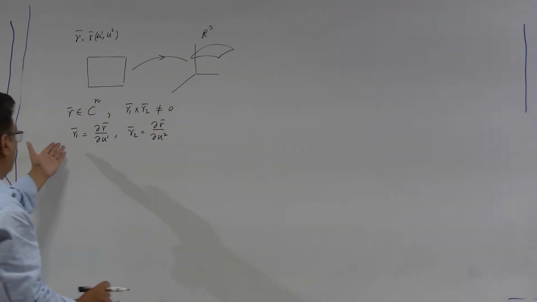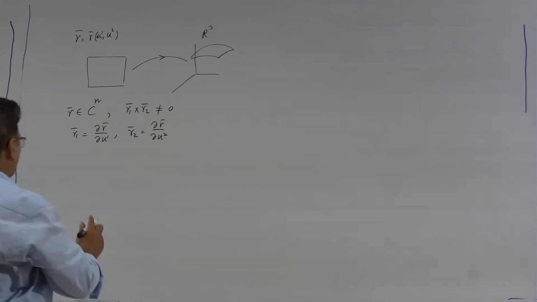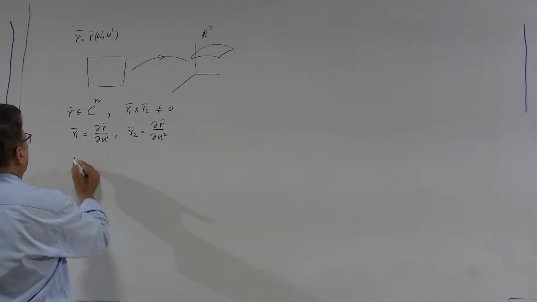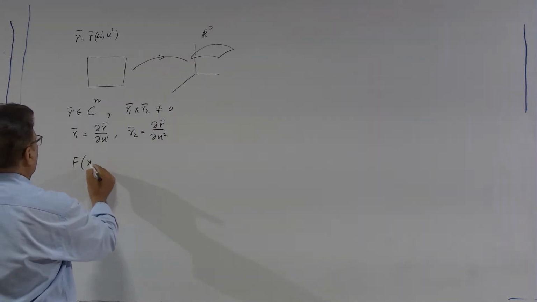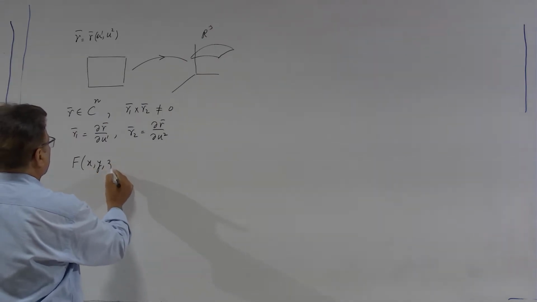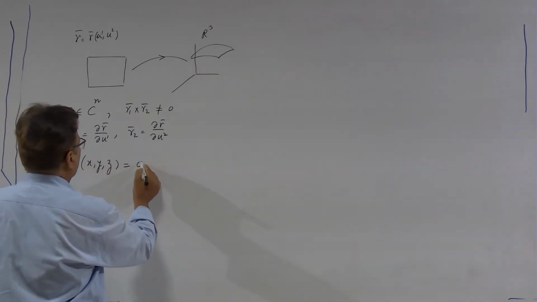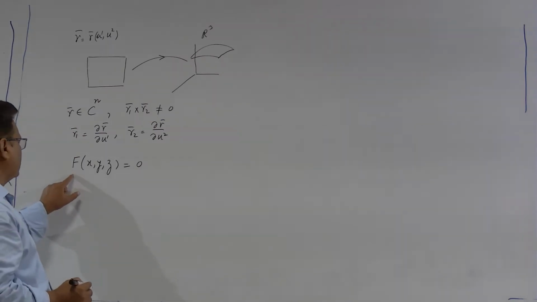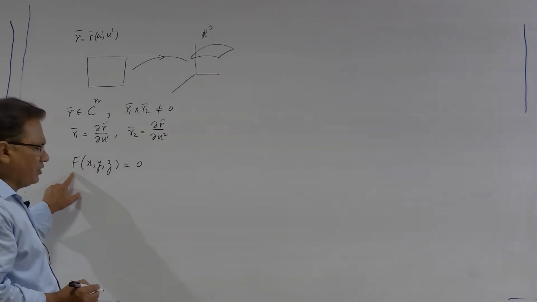So, this is the convention on symbols, and next I said that an equation of this type, f(x, y, z) equal to 0, will also represent a surface in R3, provided one of the partial derivatives of f is non-zero.